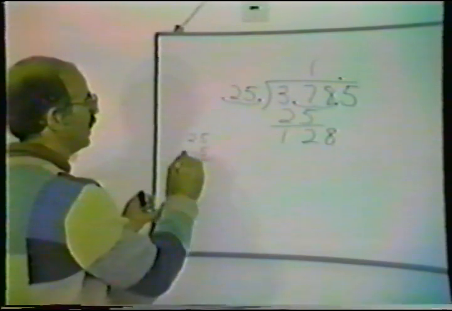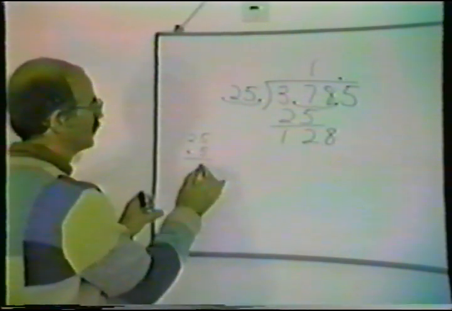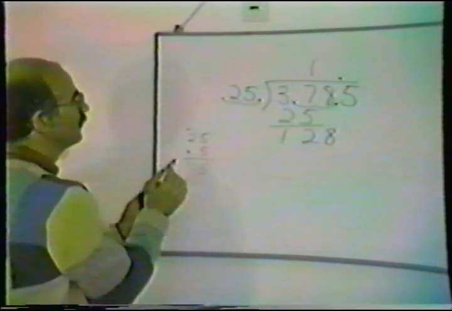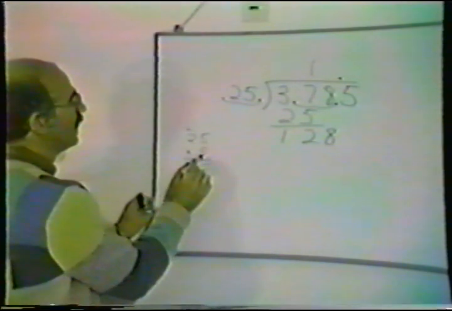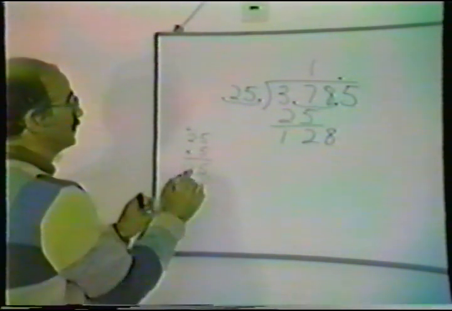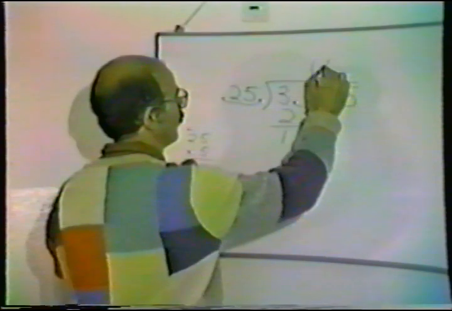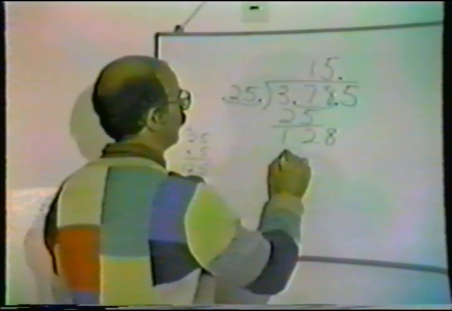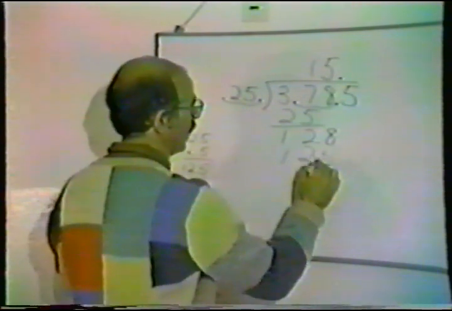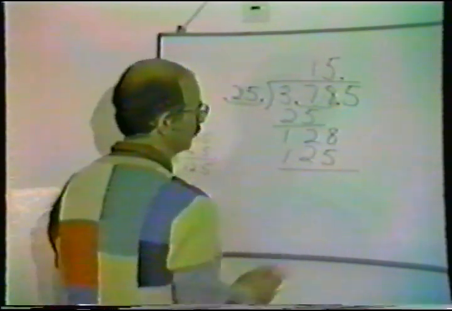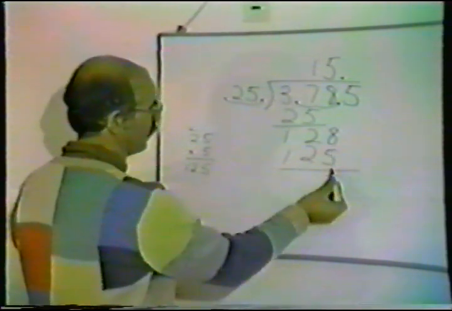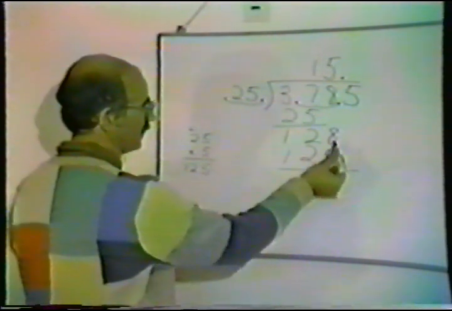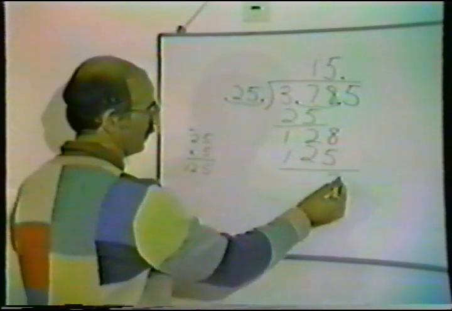25 times 5. 5 times 5 is 25. Carry 2. 2 times 5 is 10. Plus 2 is 12. We have 5 up here and 125 here. 8 take away 5 is 3.